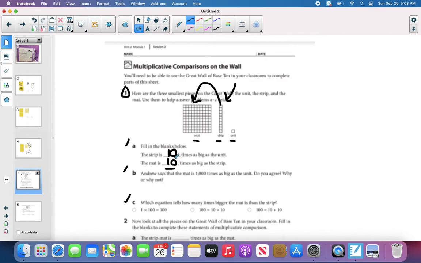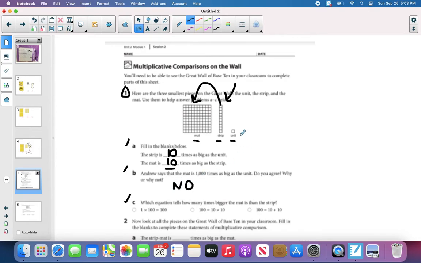B. Andrew says that the mat is 1,000 times as big as the unit. Why or why not? Do you agree with him? Click pause. Write an answer. Hopefully you said no. You wouldn't agree with him.